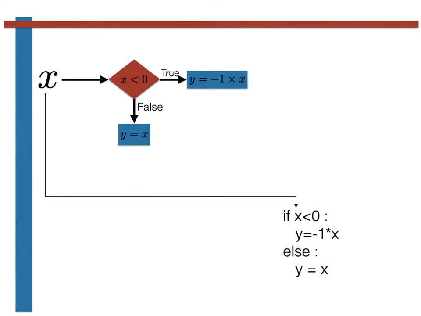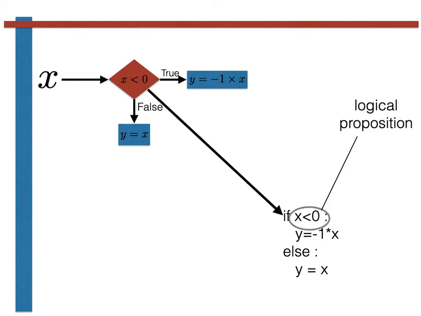The decision as to how to compute y is made by this line that contains the if statement. As you can see, the logical proposition x is less than 0 that appears in the flowchart appears here. The code shown here is executed if the proposition is true. If the proposition is false, by contrast, the code shown here is executed.